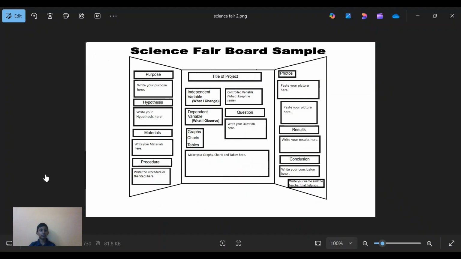The definition of results is: results are the objective observations and data collected during the experiment, describing what actually happens without interpretation. The example is, after 2 weeks, the classical music plant grew an average of 15 centimeters. The rock music plant grew an average of 8 centimeters.